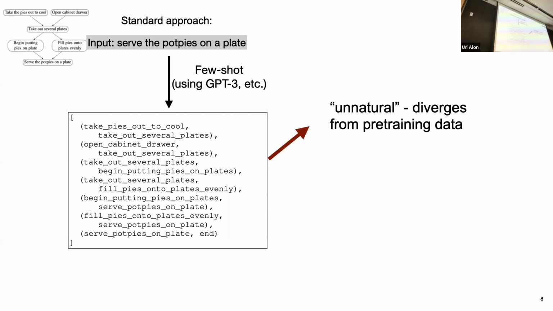The problem with this approach is that when we flatten a graph into this textual format, it results in unnatural text that diverges from the text that the language model was pre-trained on.